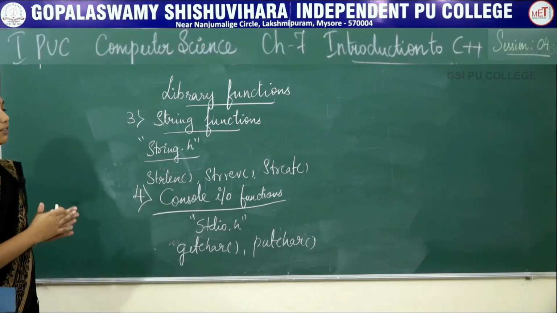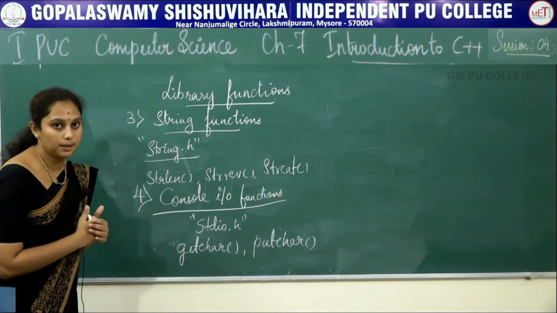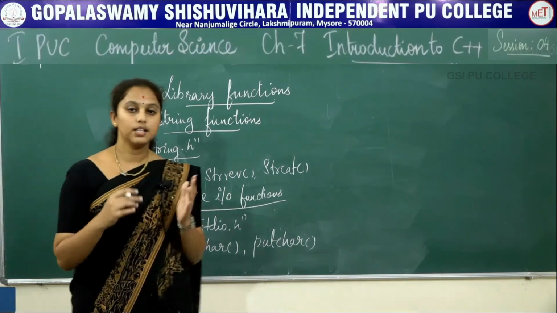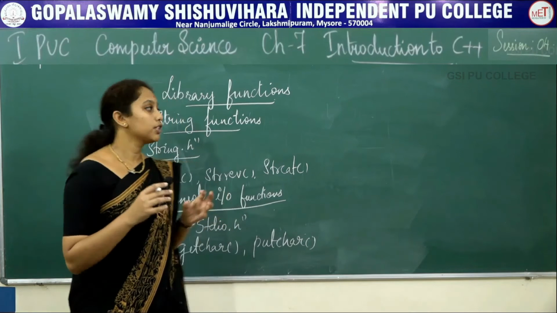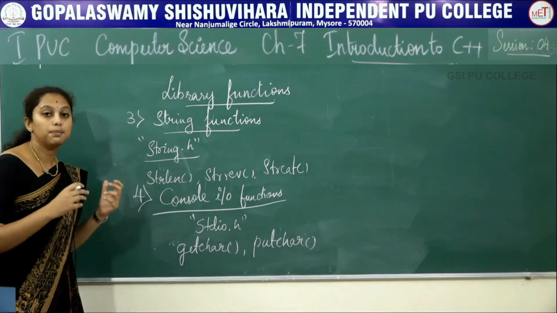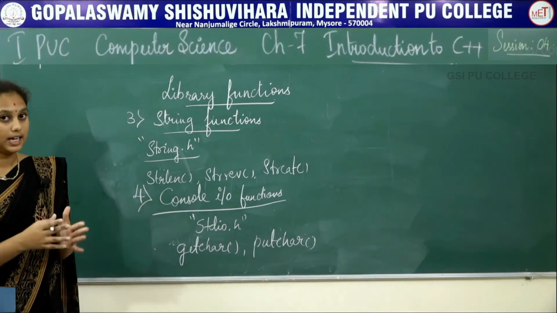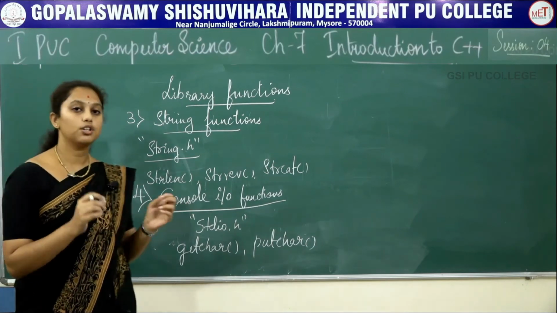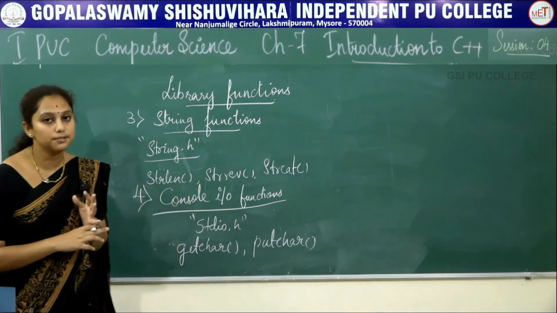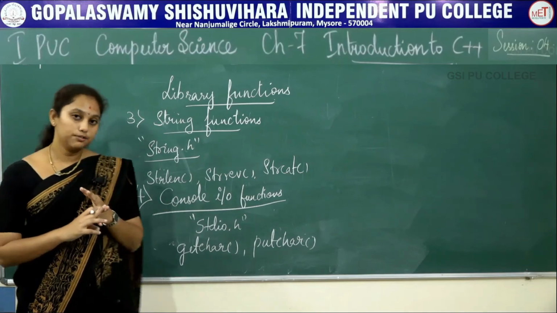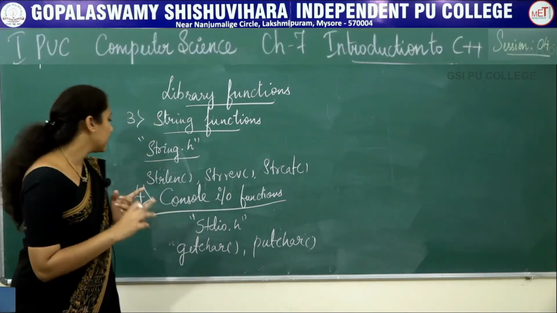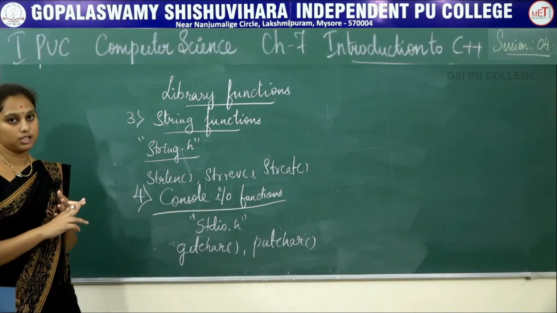So this is all about library functions and their types. Library functions are the built-in functions which are grouped together and placed in a common place called library. There are 4 types: mathematical functions, character functions, string functions and console input output functions.